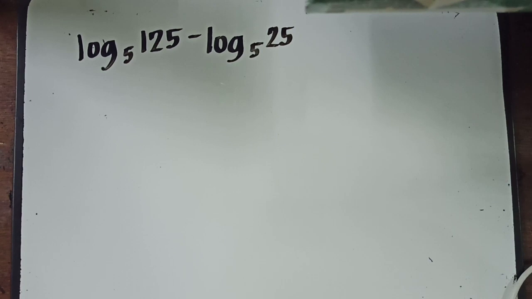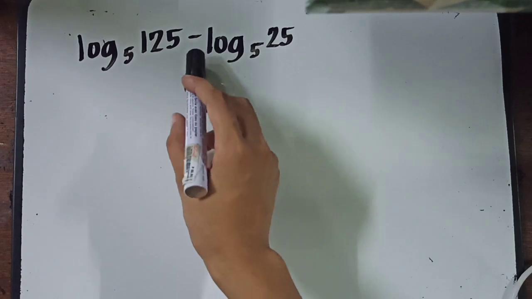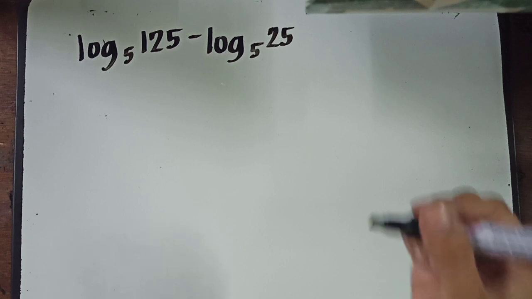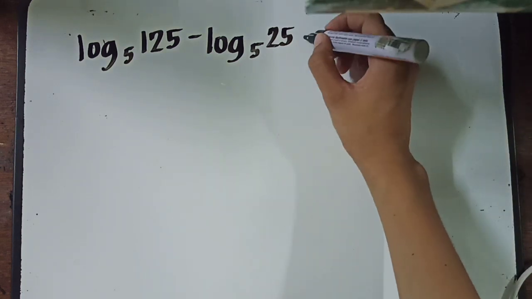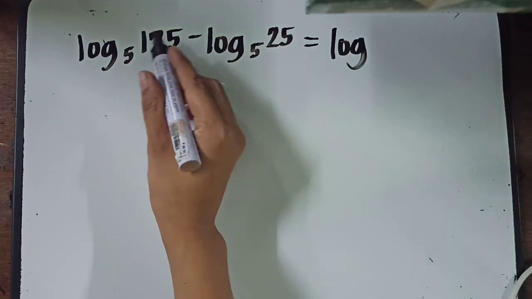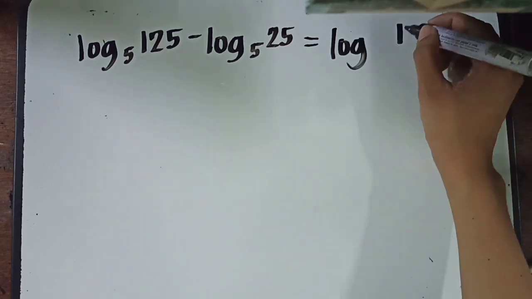So another example, the logarithm of 125 to the base 5 minus the logarithm of 25 to the base 5. Okay, so having the same base and the operation is subtraction. So to express this in a single logarithm, so it will become division. Okay, so that is equal to, so logarithm of our numerator is 125.